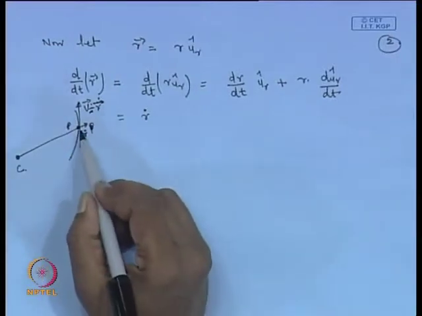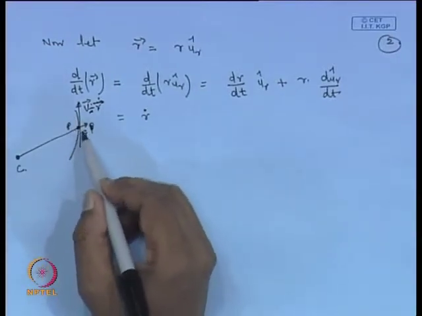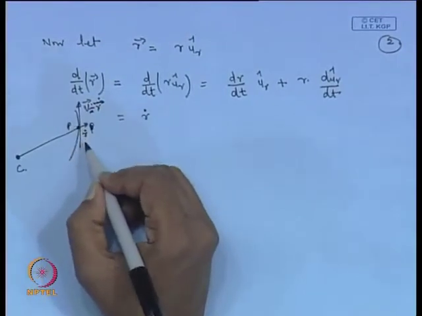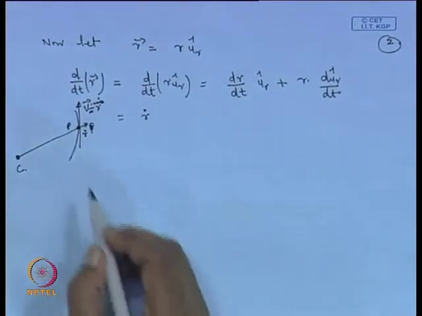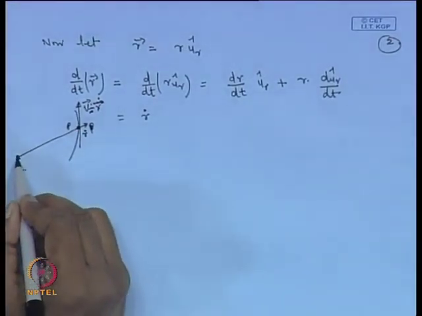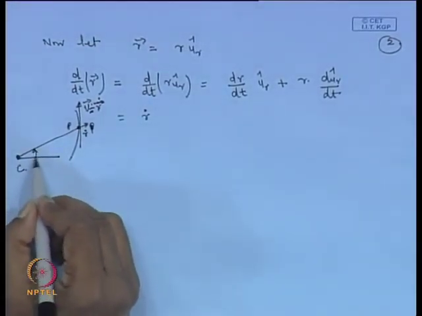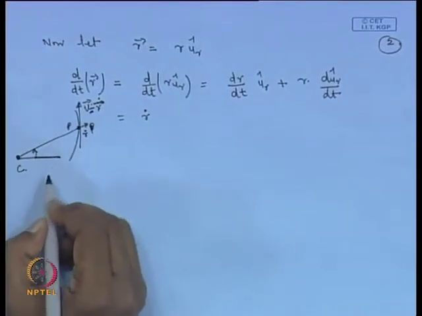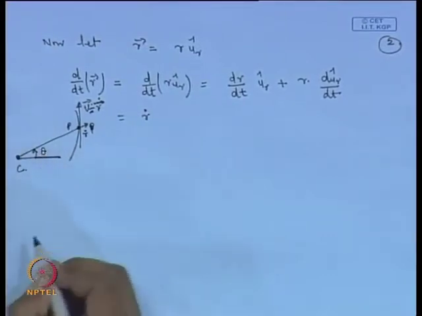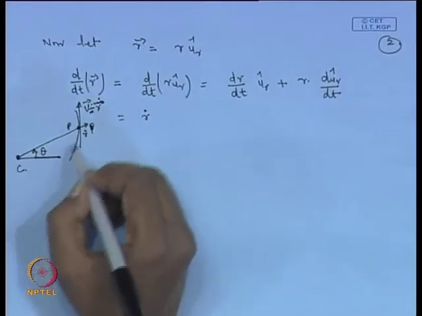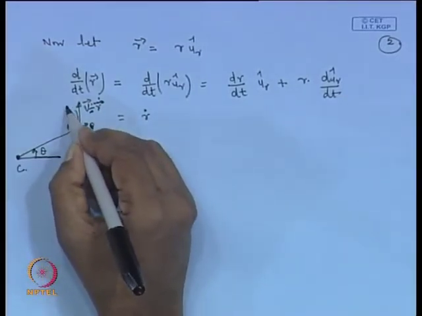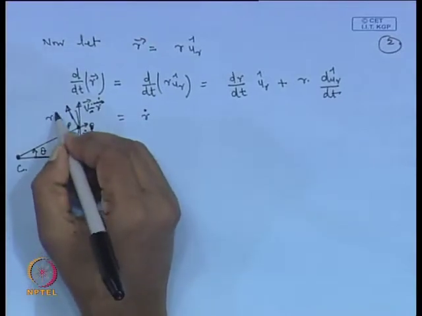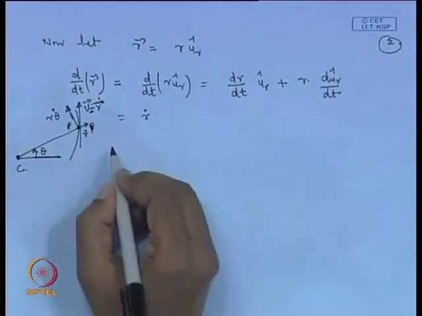Okay. So, this is the radial component, and similarly the tangential component can be written here, which will be r times theta dot, where theta is the angle measured from some reference. So, this is the angle indicated here, theta. So, the tangential component can be shown as r times theta dot.